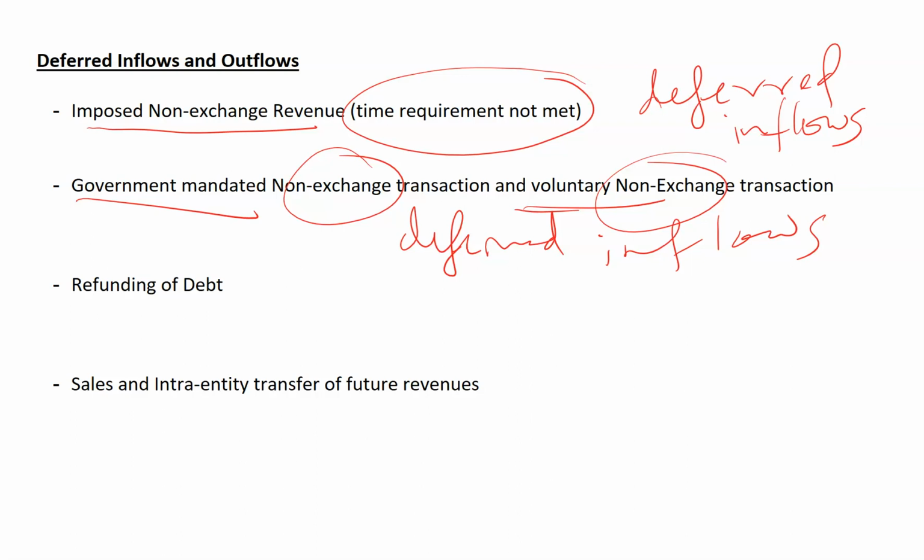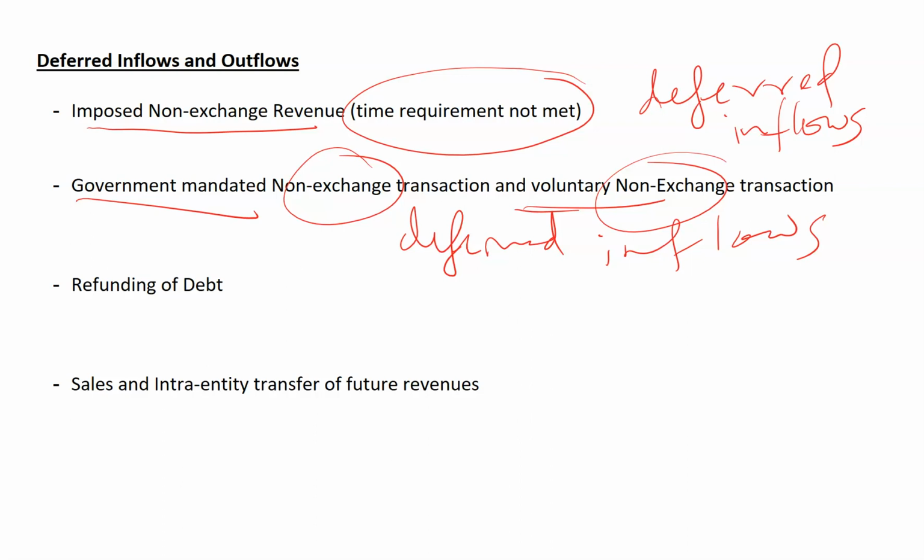On the other hand, there might be some eligibility requirement. For some grant you are receiving, there might be some criteria: the employment rate for your town must reach a certain level. Then the eligibility requirement is met. Other than that, although you receive the cash, you have that inflow, but you cannot call it a revenue. So in that case, you will show it as deferred inflows.